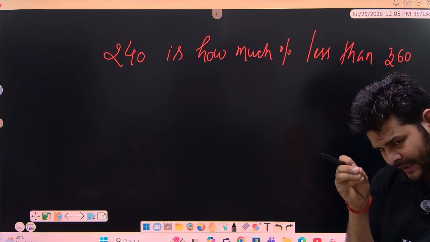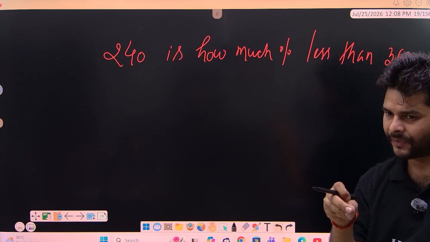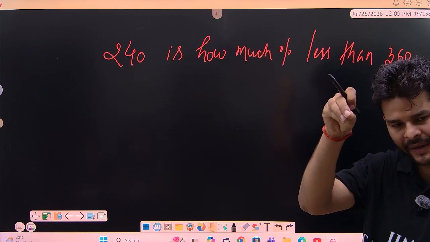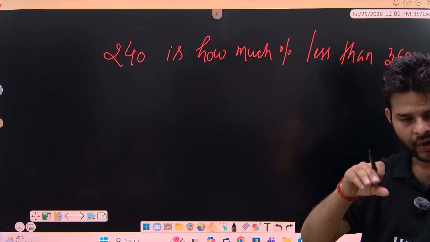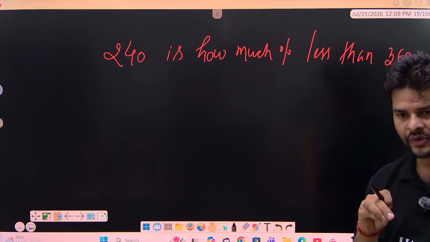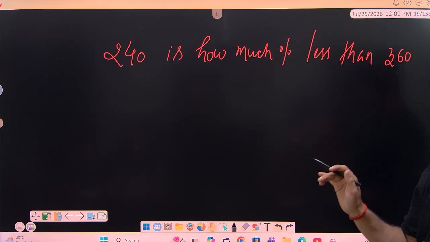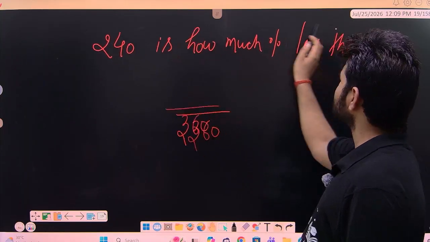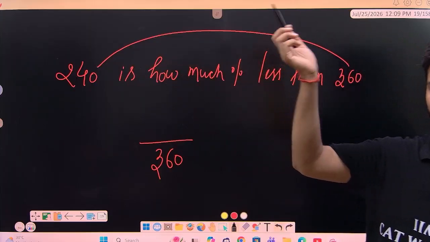The value which is written in the denominator is called the comparative value. Which are we comparing over here? 360. You need to put that value in the denominator, and the difference of these two numbers you need to put in the numerator.